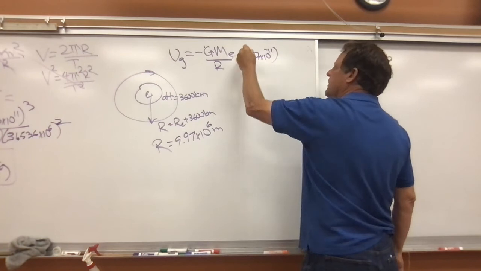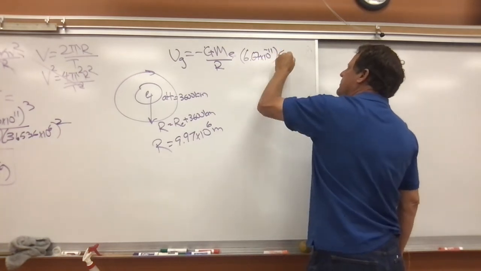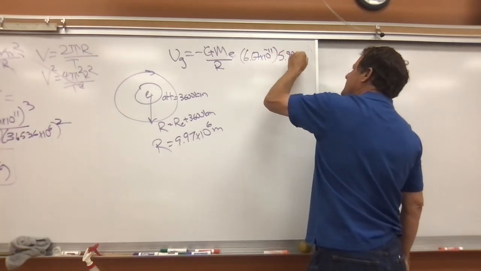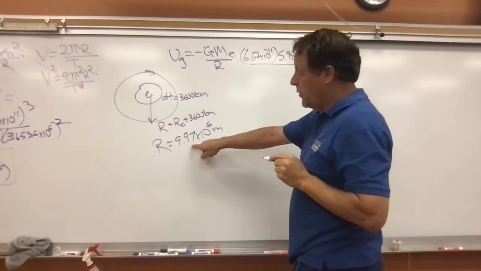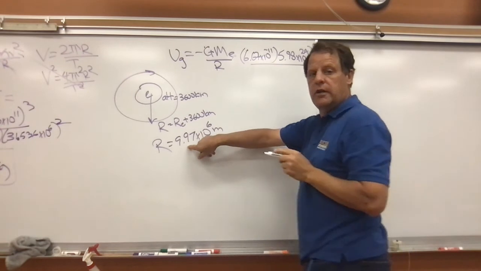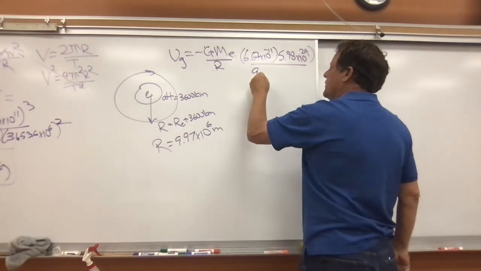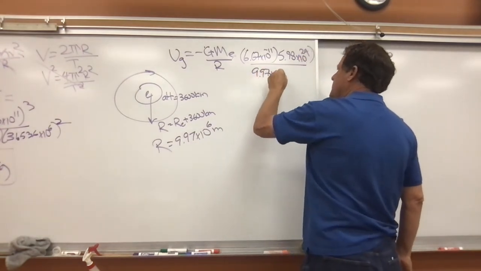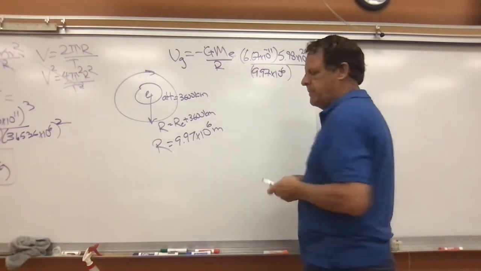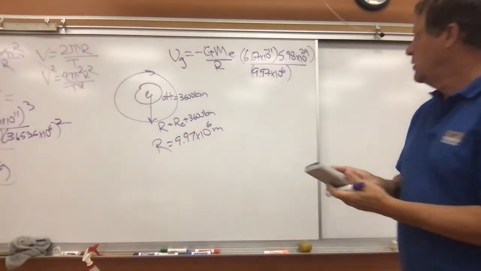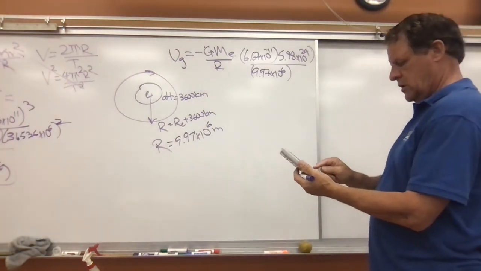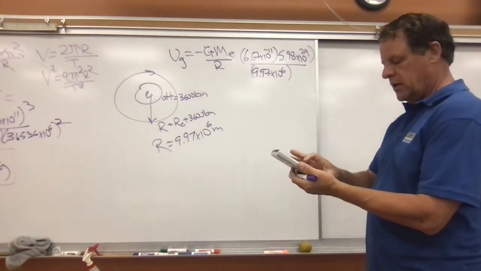the negative 11, 5.98 times 10 to the 24th, divided by our radius here, which is at 3,600 kilometers, which is 9.97 times 10 to the 6th. And notice that's not squared.